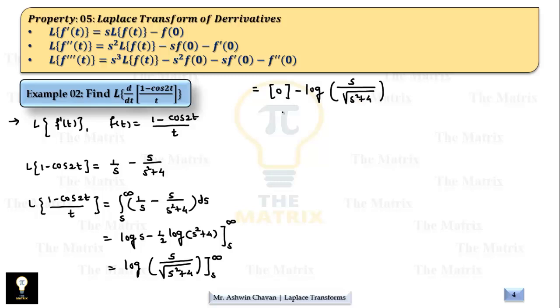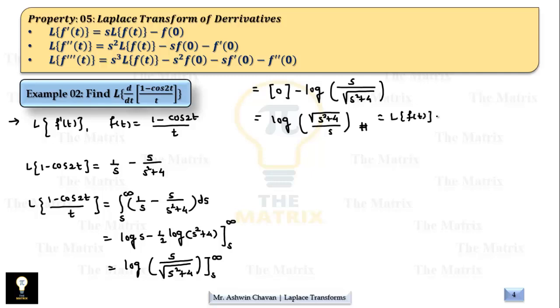To consume this minus sign, we use the property that log of a upon b is minus of log b upon a. So we have root s square plus 4 in the numerator and s in the denominator. This is Laplace of the function only, that is Laplace of f of t.